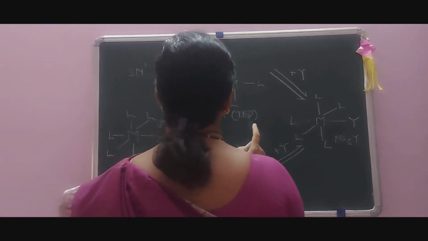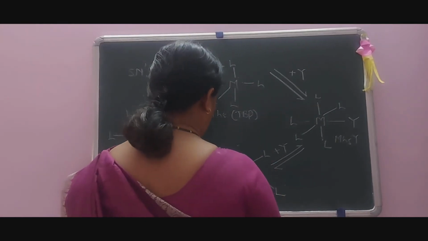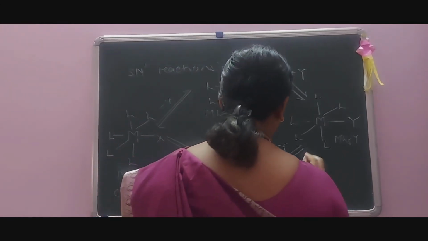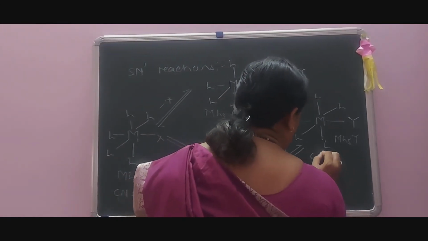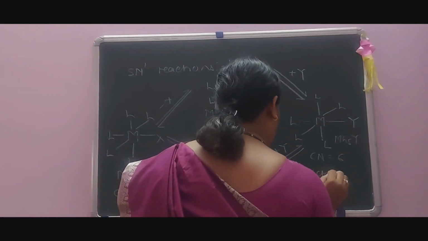That is ML5Y, 1 2 3 4 5, 1 2 3 4 5 here. Thus this is of coordination number equal to 6, that is octahedral.